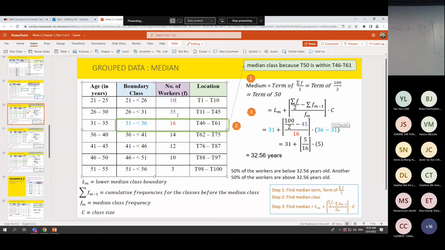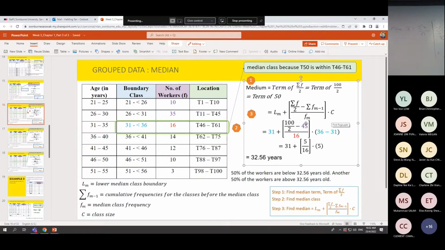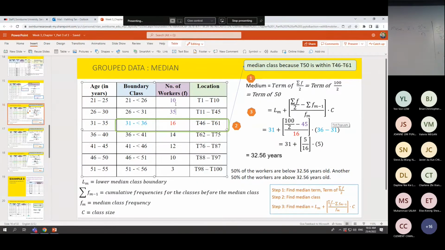So what are the frequency values? 35 plus 10, you'll get 45, right? So substitute 45 to here. This is the total frequency before the median class. So it involves more than one class. 35 plus 10, substitute to here, 45.